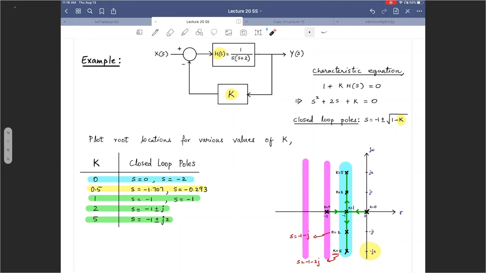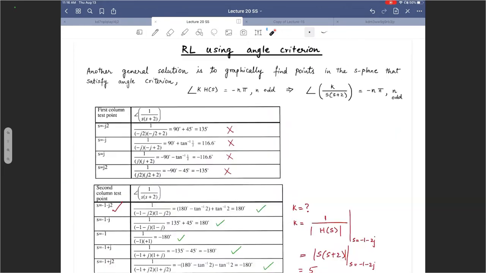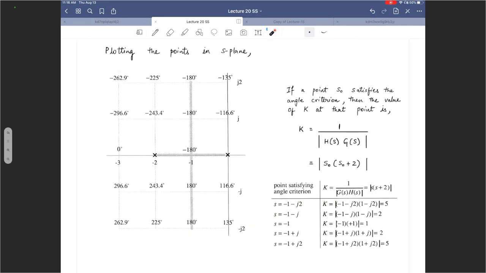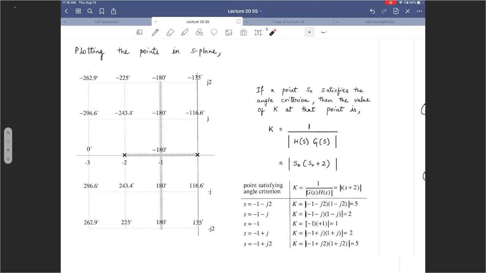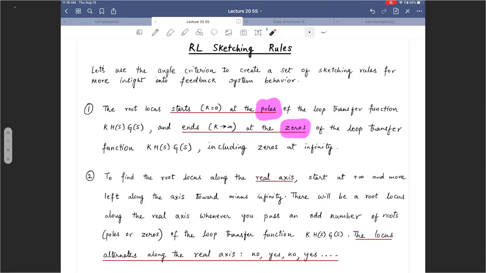So it's essentially tied to the open loop transfer function and the angle criteria, but it starts at the poles because we are tracking the movement of the poles. And it has to end at the zeros because as you increase k to infinity, what happens to the response?